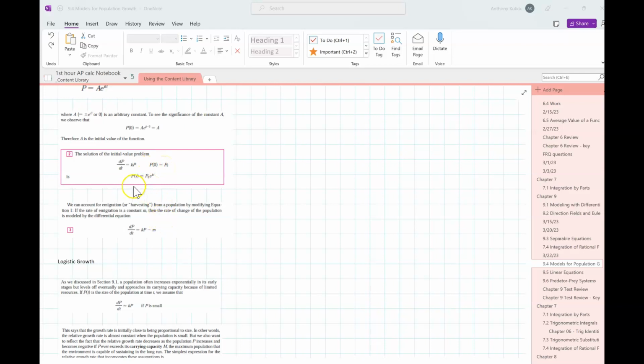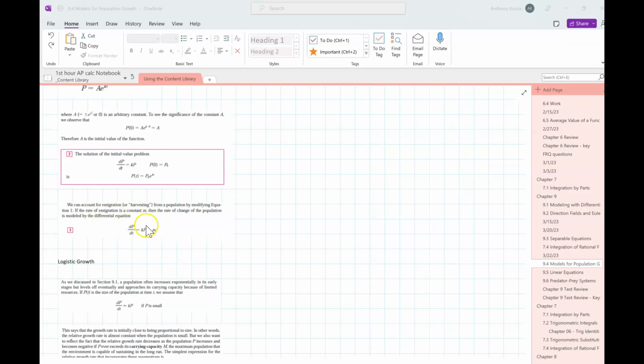So one modification that we can make to this is we can account for things like emigration, like people leaving the population, moving to a different country. Or even you could model this as people dying, or being drafted into the military or something.